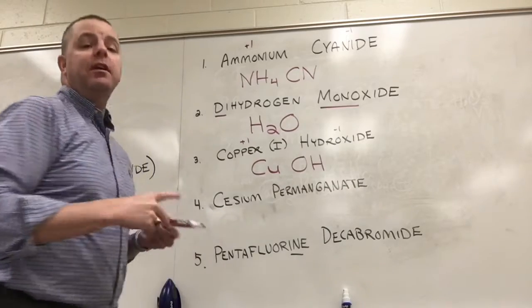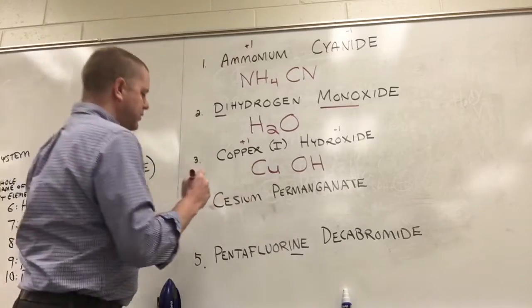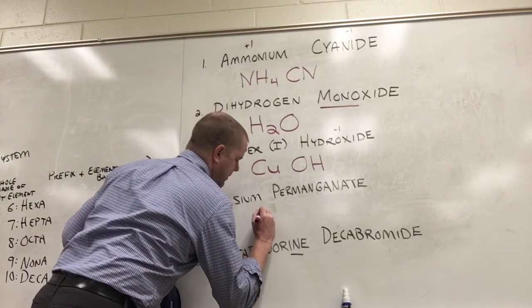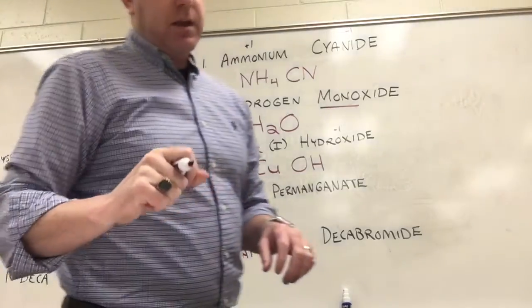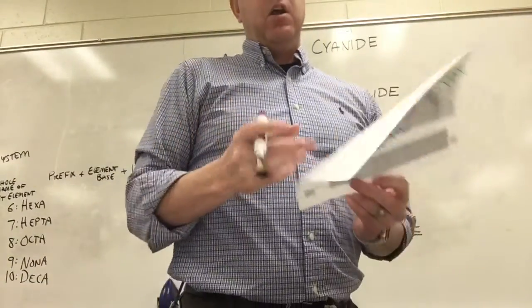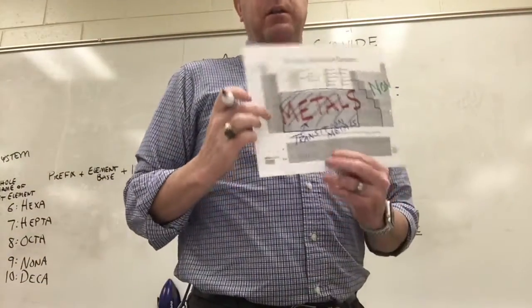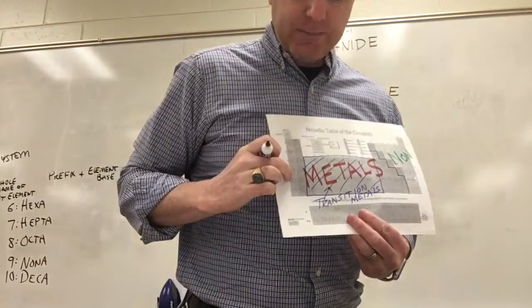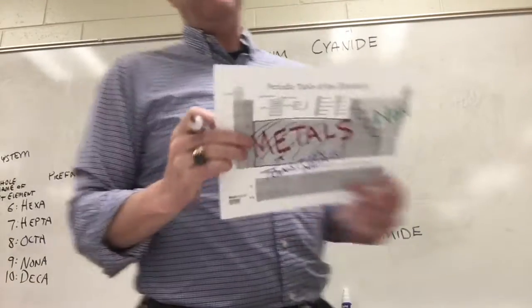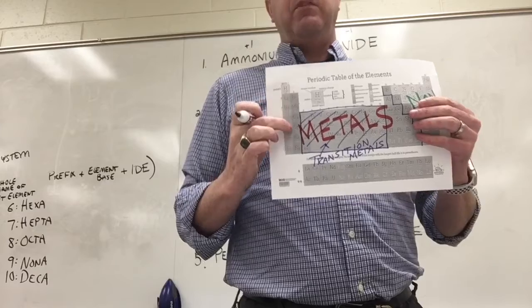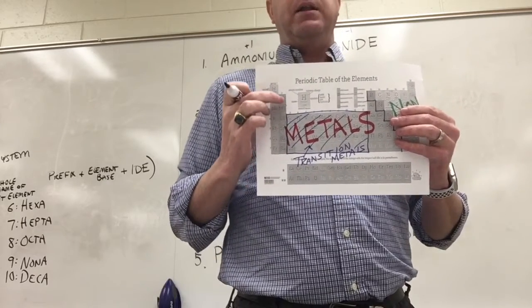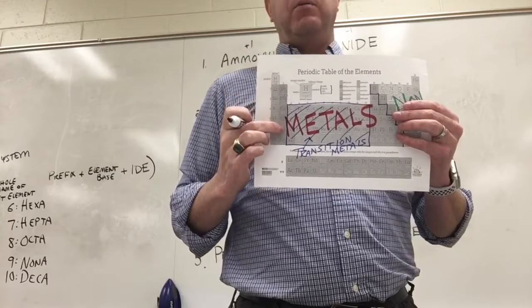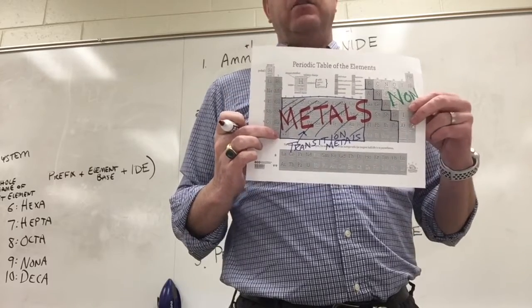All right, cesium permanganate now. So, cesium is a metal. It is Cs. And where cesium is on the periodic table is it's in group number 1. Okay, so cesium is right here. Everything that is in this first group has 1 valence electron, therefore all of them are +1. 2 valence electrons, so all of the alkaline earth metals are +2.